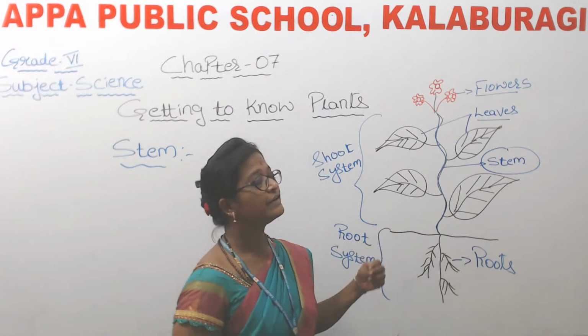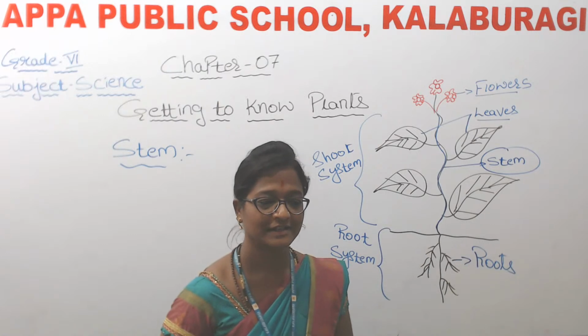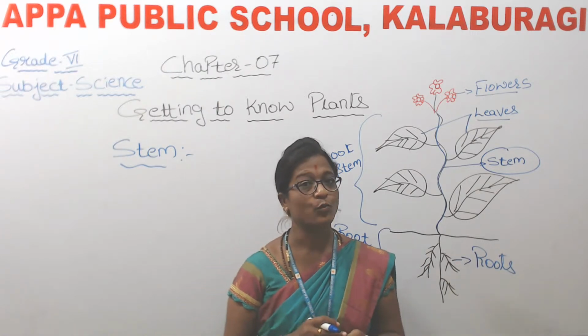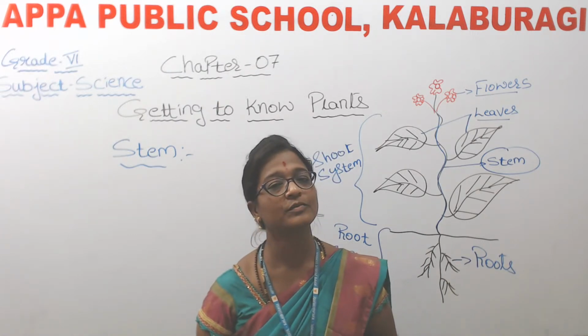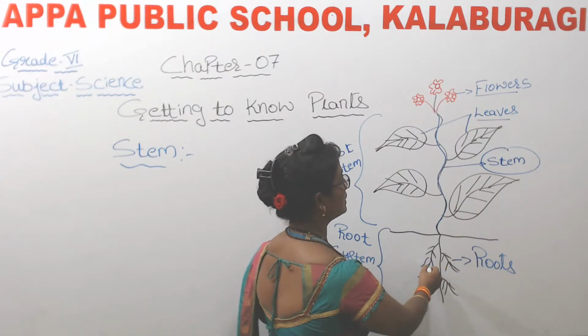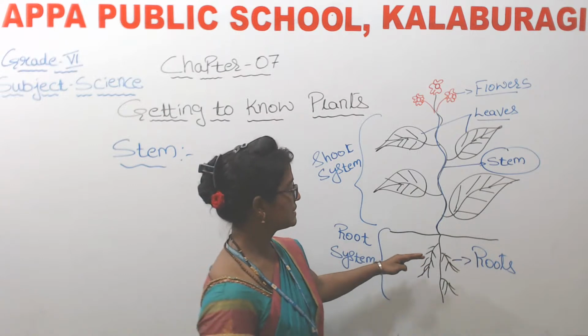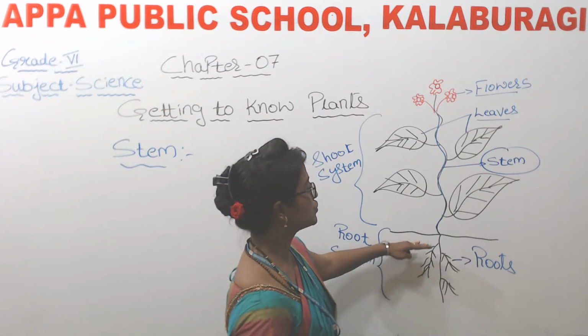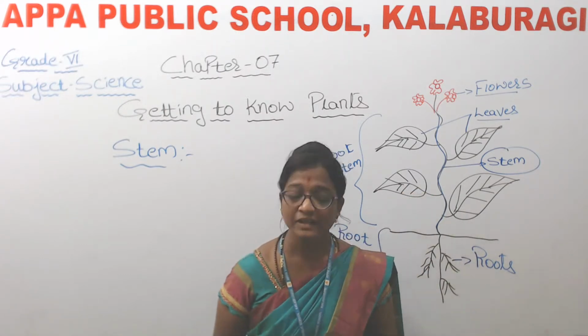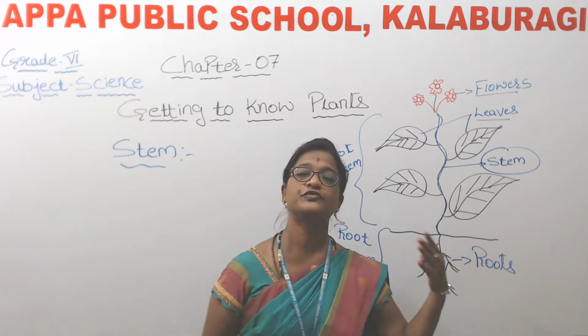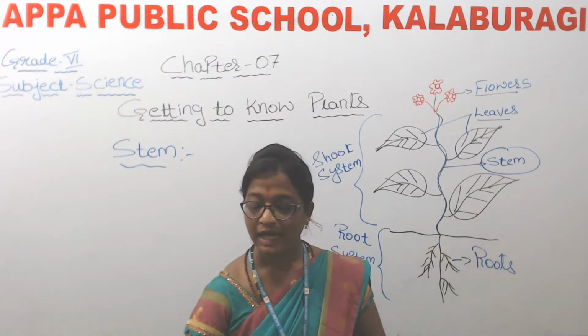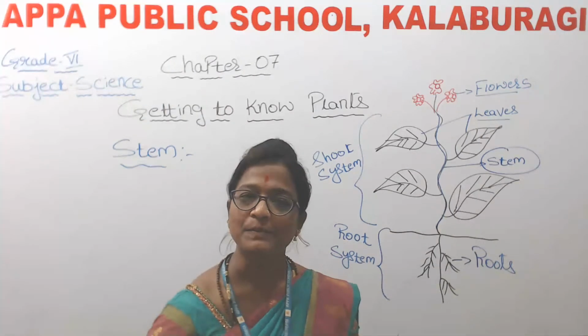The main function of stem is that it conducts water and minerals from roots to the leaves, and it even transports food from the leaves, which prepare the food, to the other parts of the plant.